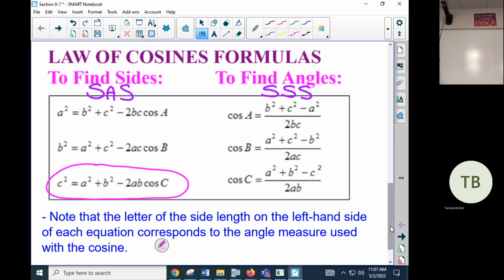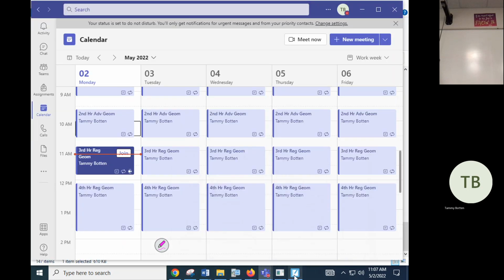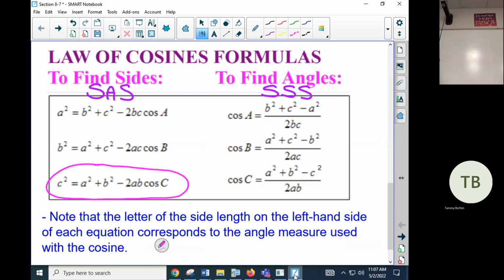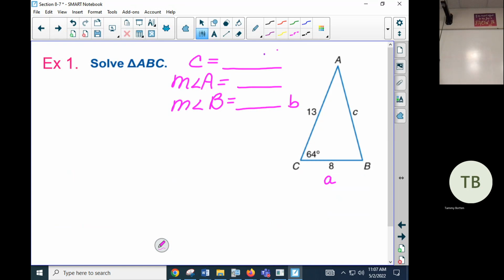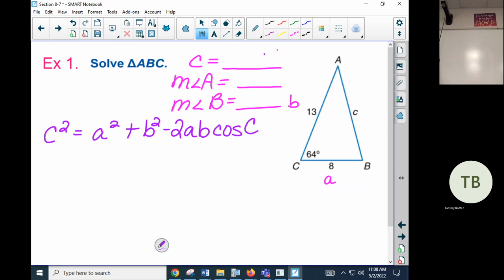So let's go back and just copy that down onto our page here. So we're looking for c squared, and that is equal to a squared plus b squared minus 2ab cosine of angle c. That is our law of cosines formula when we're looking for little c.